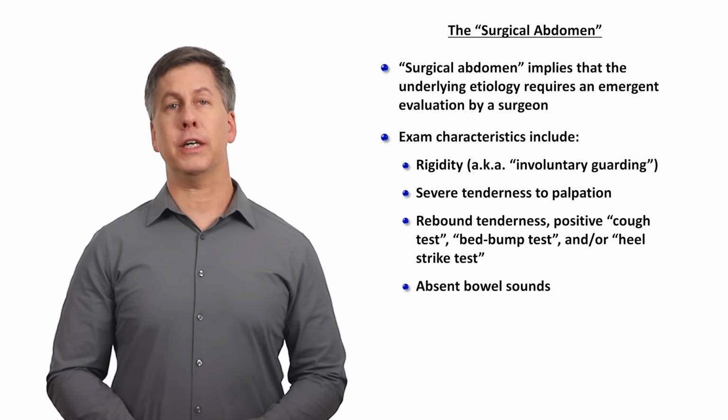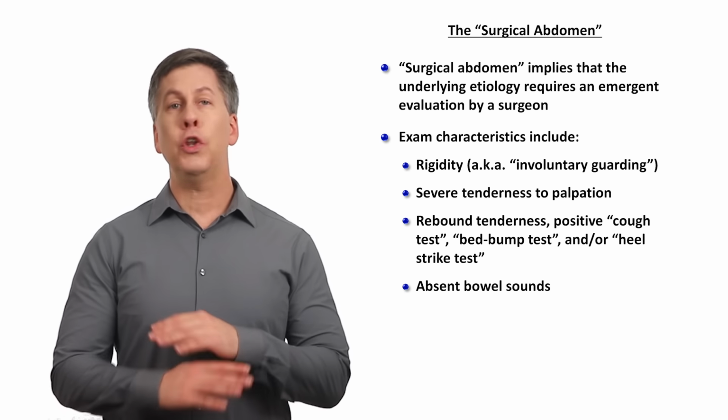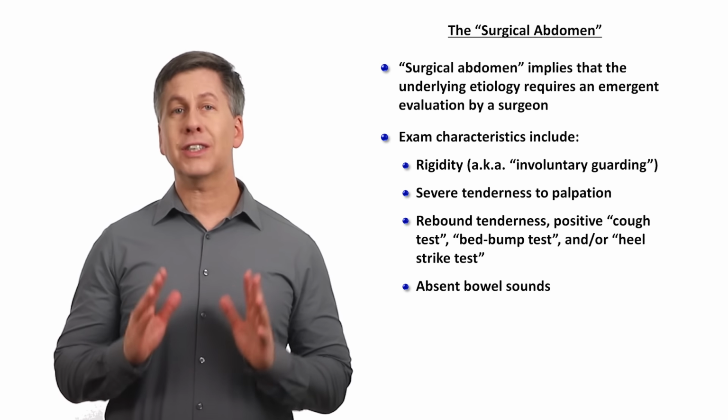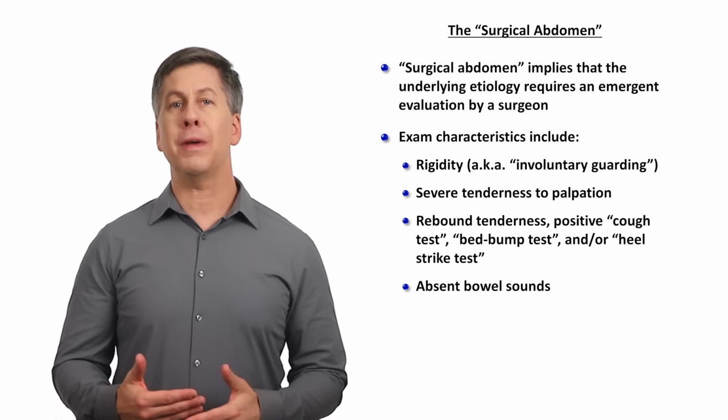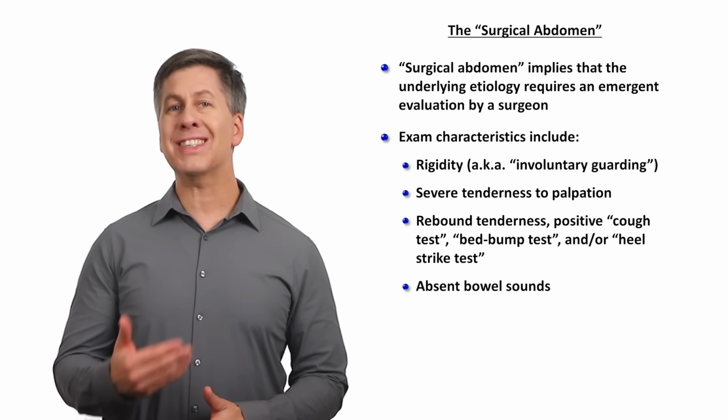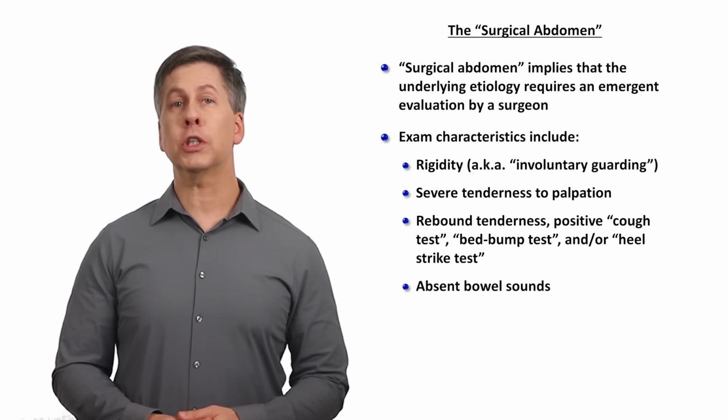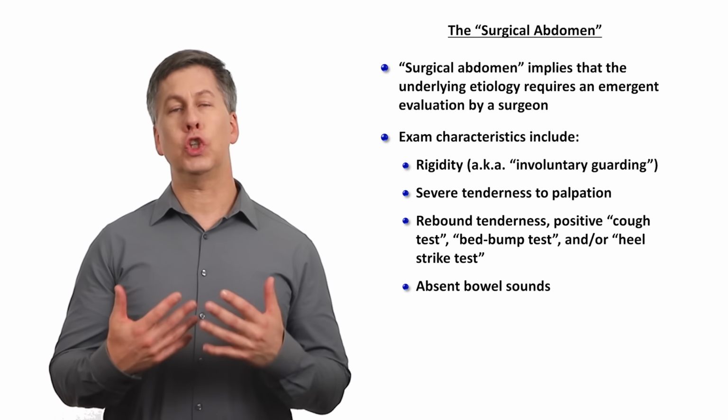and absent bowel sounds. None of these findings in isolation necessarily indicate a surgical abdomen, but seeing multiple of them in a patient whose history is consistent with a possible surgical emergency would suggest this general situation.